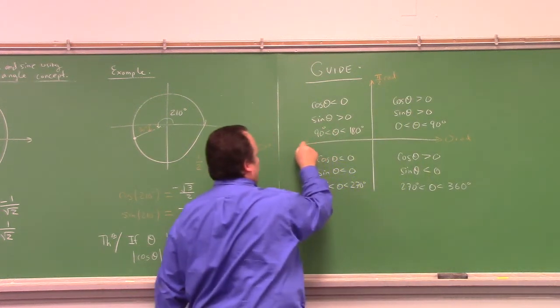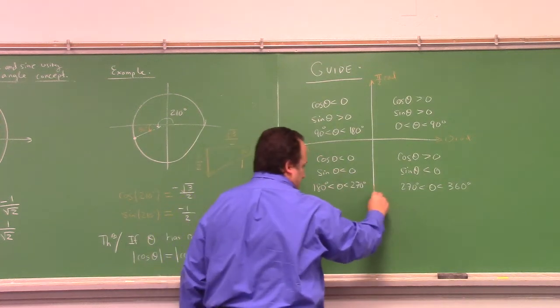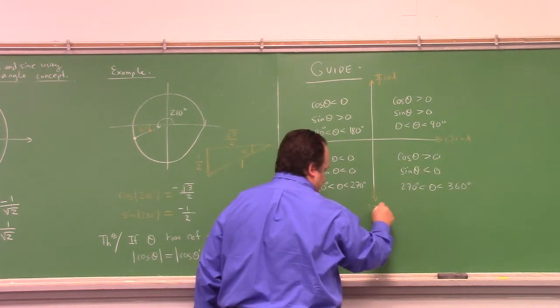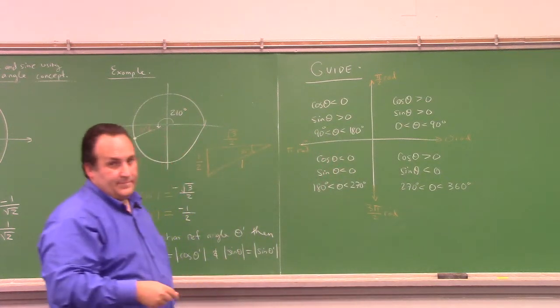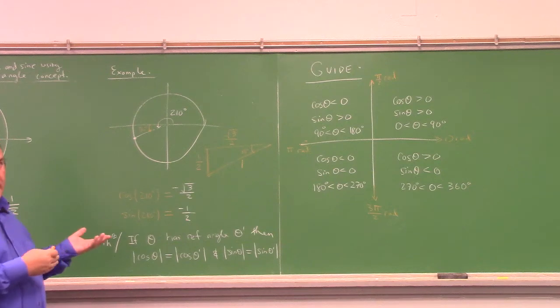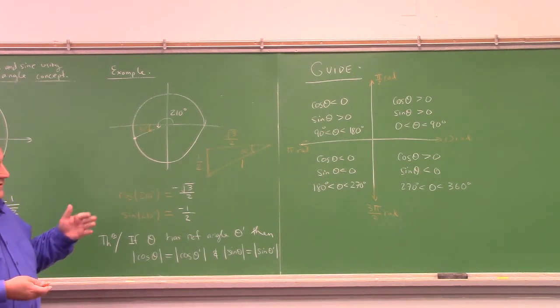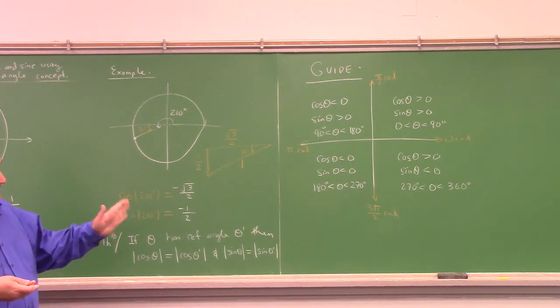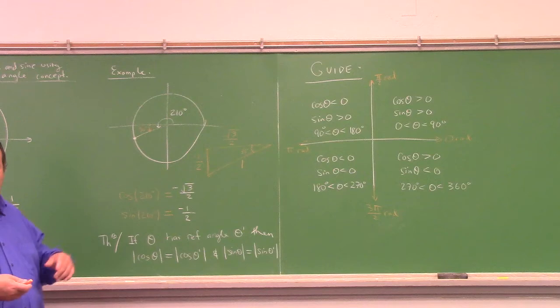This guy over here is pi radians. Directly down, 3 pi over 2 radians. So quadrant 1 is 0 to pi over 2. Quadrant 2 is pi over 2 to pi. Quadrant 3 is pi to 3 pi over 2. And likewise, quadrant 4 goes from 3 pi over 2 to 0. So cosine and sine in radians share the same sign patterns.